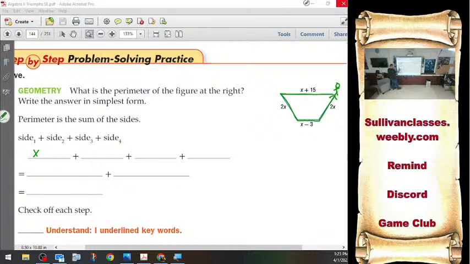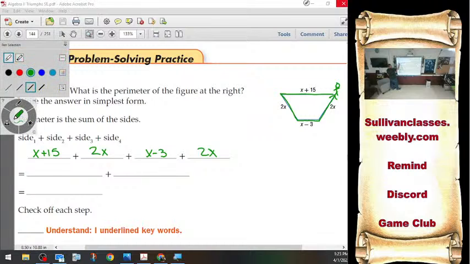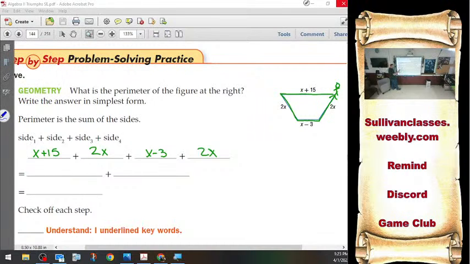This is like x plus 15, 2x, x minus 3, and 2x. Stop flapping. Stop noise making. Every time I run into a plus or a minus, it's a new term.